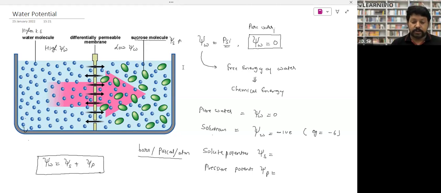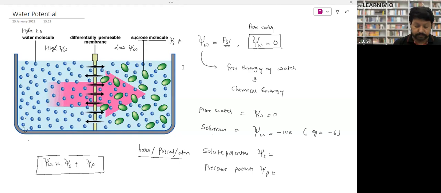Next point, solute potential. Solute potential is represented by psi S. It is the decrease in chemical potential of pure water due to the presence of solute particles in it.